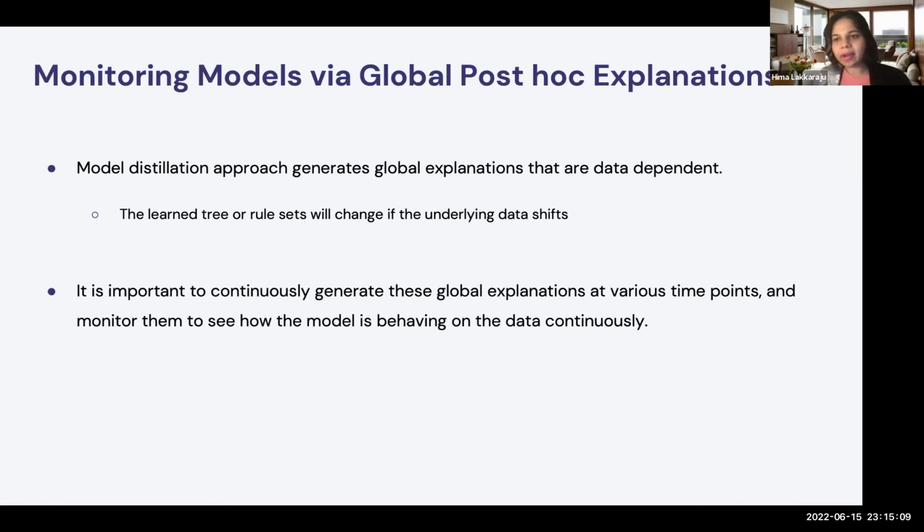Now, once more data comes in, we again need to fit this decision tree so that we see the predictions that are being made by the model on this new kind of data, and to make sure that the model is still using relevant features and not spurious ones even on this newly encountered data. Okay.